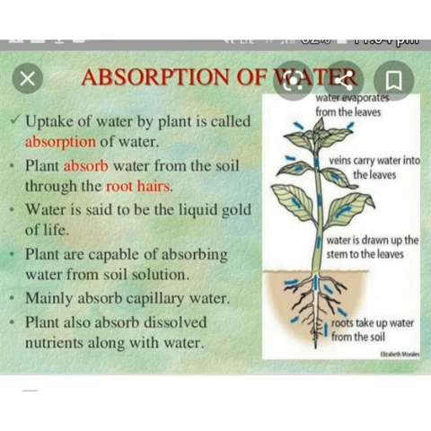So, roots take up water from the soil and pass it to the stem. From the stem, it enters the leaves. The extra water evaporates and returns to the atmosphere, and some percolates into the soil. So this makes the soil moist. Moist means it contains water.